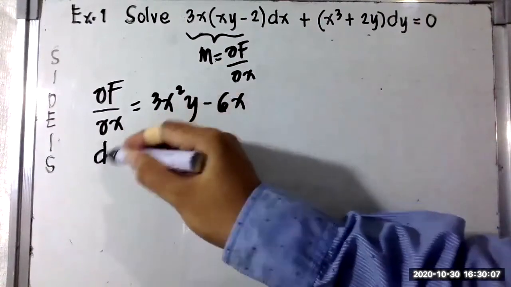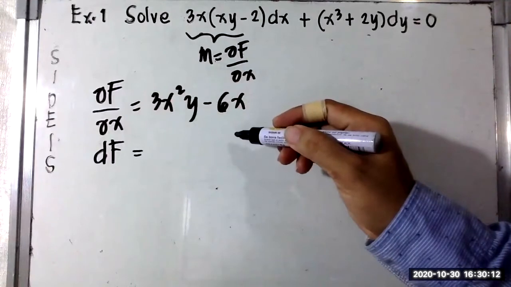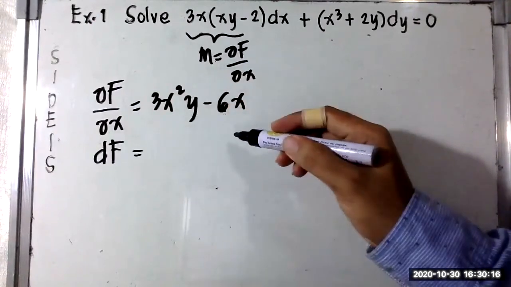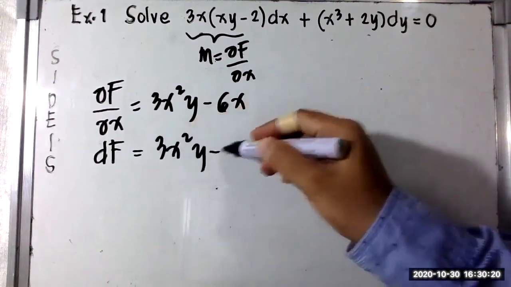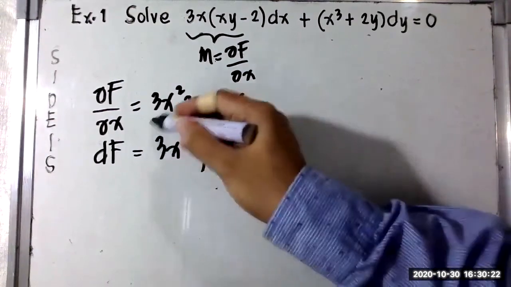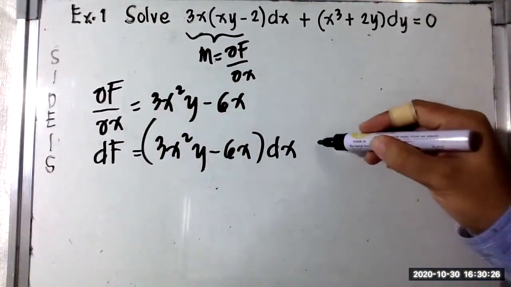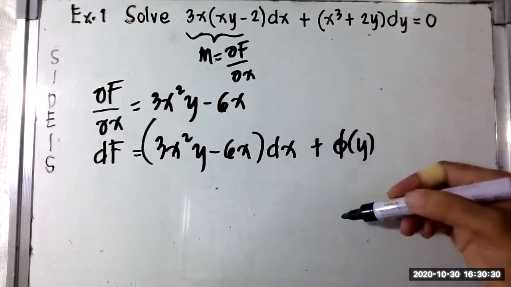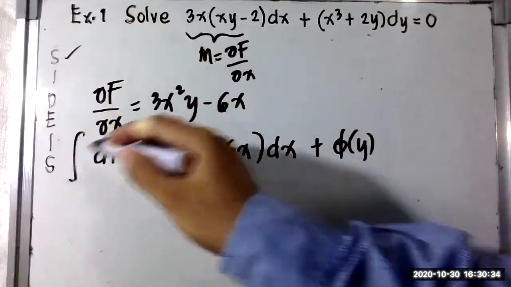And then we rewrite this equation into total differential form, taking note that y is held constant. So 3x squared y minus 6x times dx, and our constant of integration is phi of y. So set, then we integrate both sides of the equation.